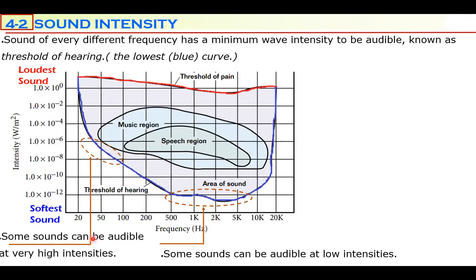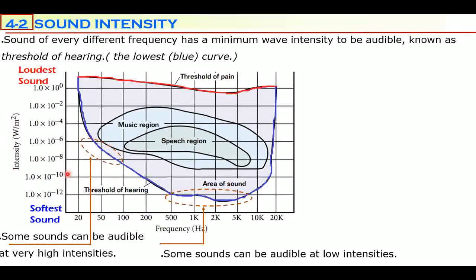But when we make the frequency small, 50 hertz, 40 hertz, 20 hertz, you should make the intensity greater. So some sounds are audible only at very high intensities. As you see, 20 kilohertz needs a very big intensity to be audible. 10 kilohertz also needs a big intensity.